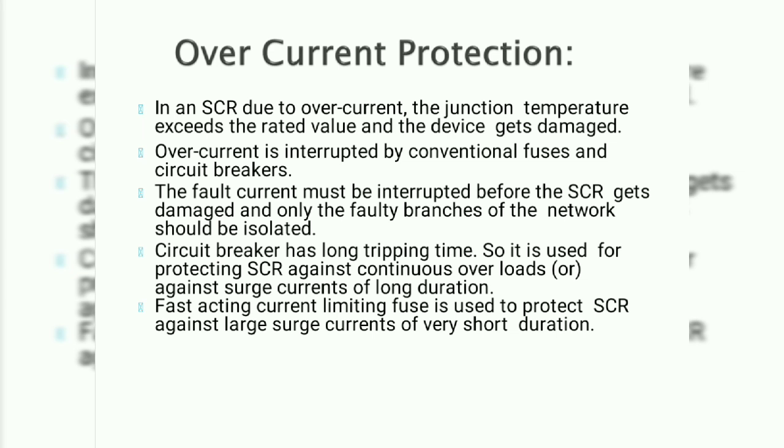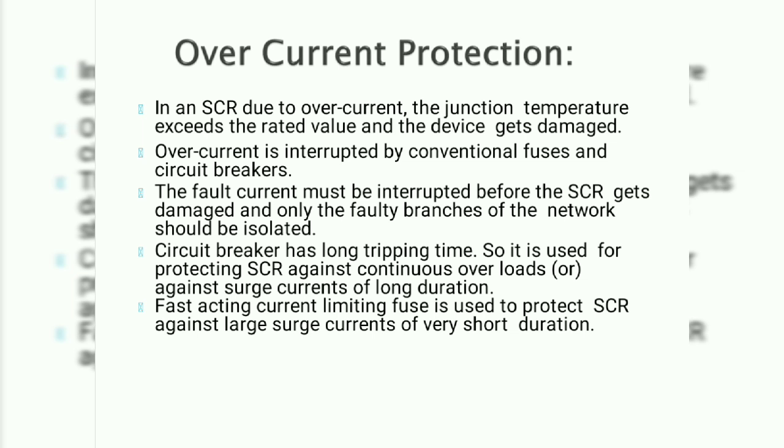Overcurrent can be prevented with the help of fuses and circuit breakers. The fault current must be interrupted before it reaches the SCR. If a fault current is given, then the SCR gets damaged.